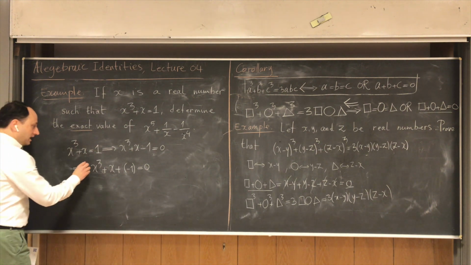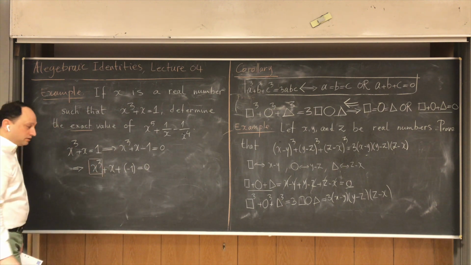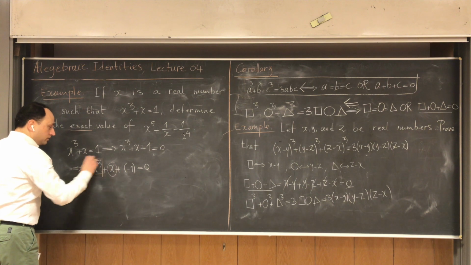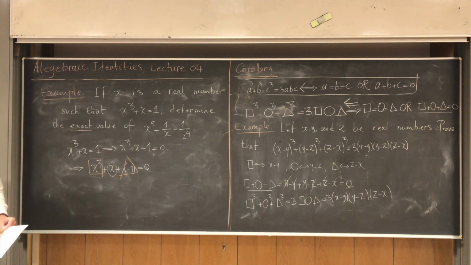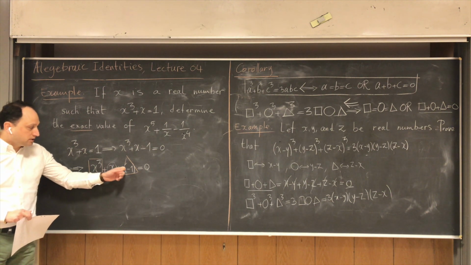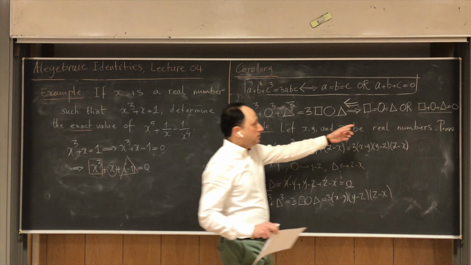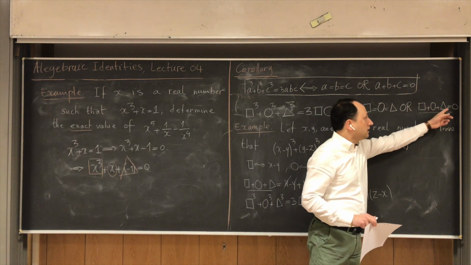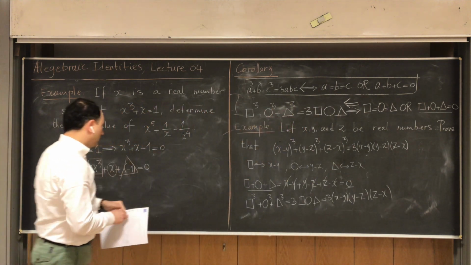But what is the benefit of that? The benefit is that if you realize you can take this the box, you can take this the circle, and you can take this the triangle, what you can see? You can see the box plus the circle plus the triangle is equal to 0. If the box plus the circle plus the triangle is equal to 0, you can conclude this expression. So what does it mean?